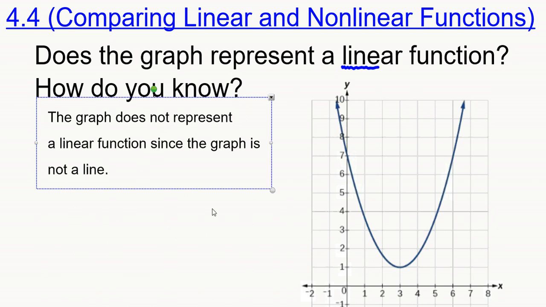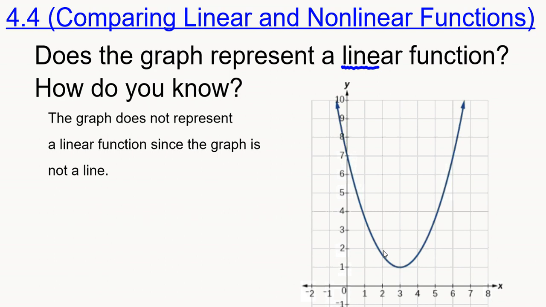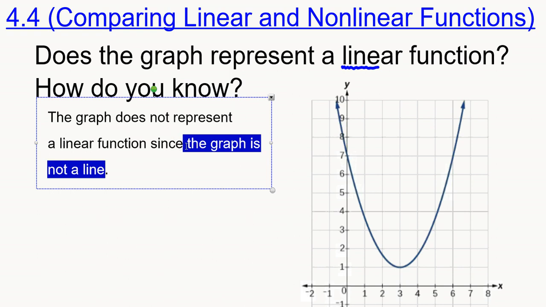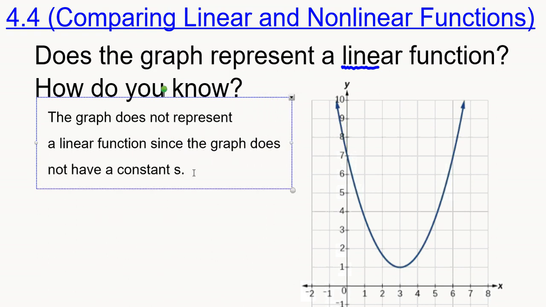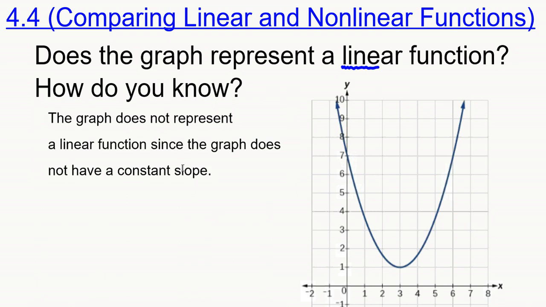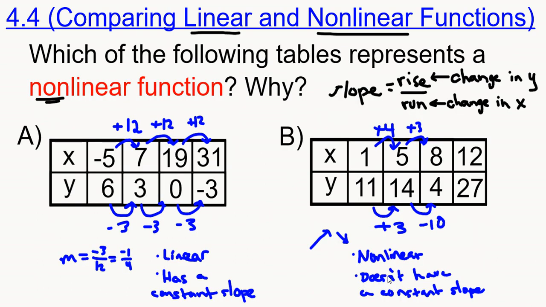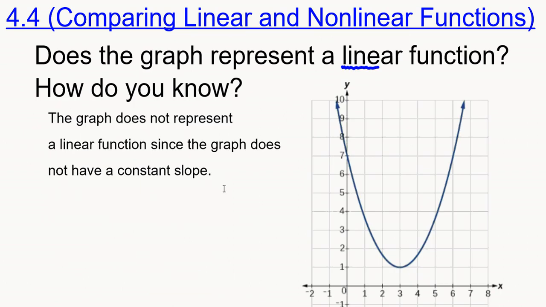If it's a graph where you can visually see the graph, you can say since the graph is not a line, it's not a linear function, or you could say since the graph does not have a constant slope. And if you explain it this way, then you're explaining it the same way as you would with a table. For nonlinear, does not have a constant slope. And this is a perfectly valid explanation as well.